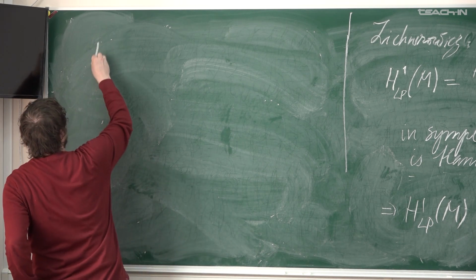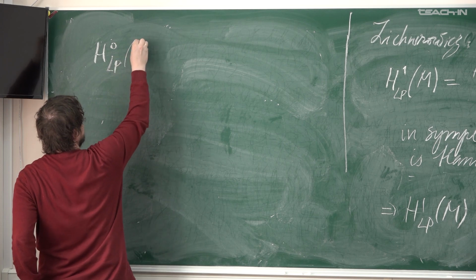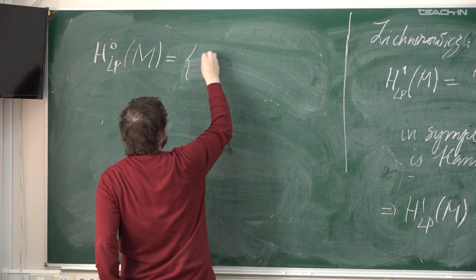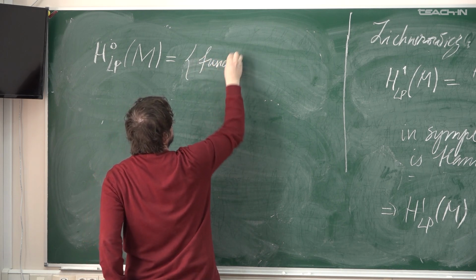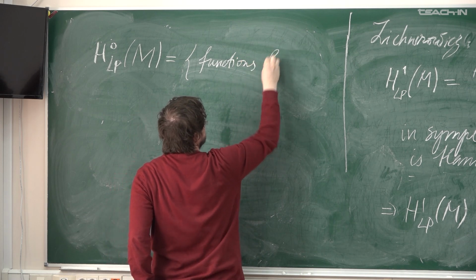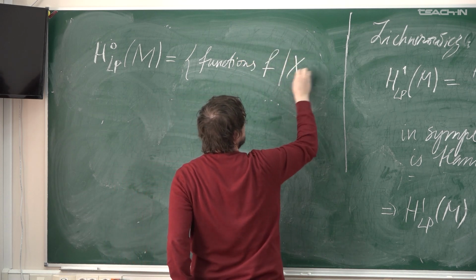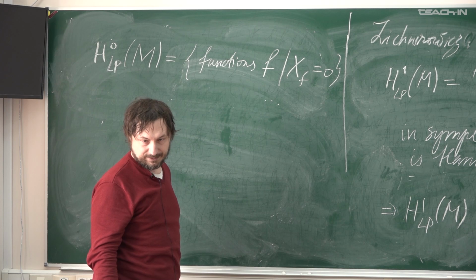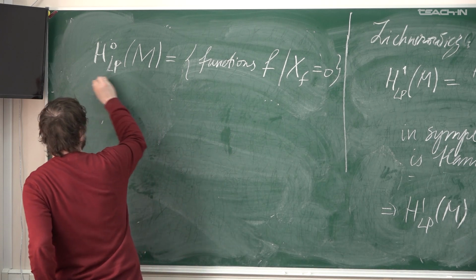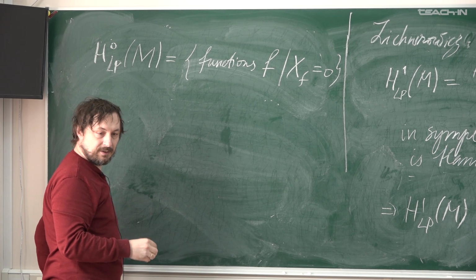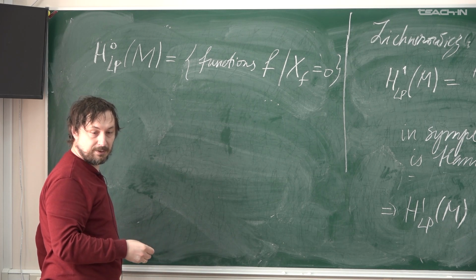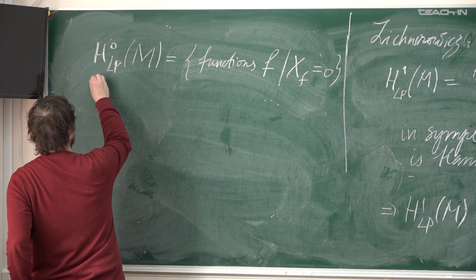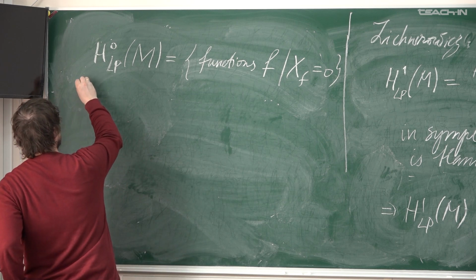So H0 Lichnerowicz-Poisson of M is just the space of all functions f such that X_f is equal to 0. Such functions are called Casimir functions, functions for which Hamilton vector fields vanish identically, or Poisson central functions.